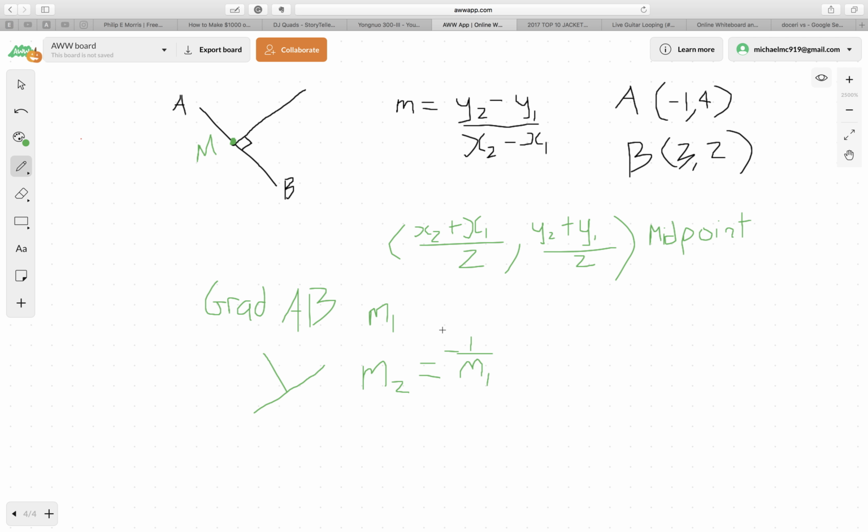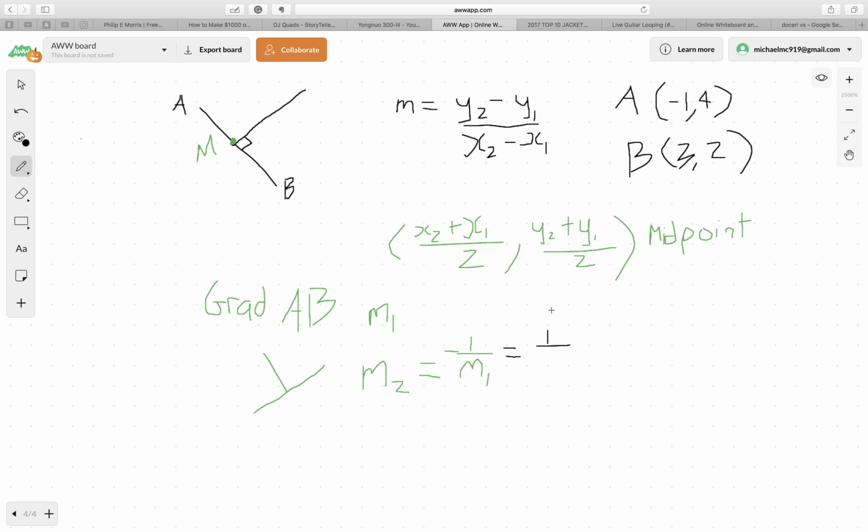And now that we have a point, which is the midpoint of that perpendicular line, and we have a gradient, we can easily determine the equation of the line. As before, let's switch the color back to black. So we have a point and we have a gradient, right? So the gradient of the perpendicular bisector would be 1 over the gradient of this line.